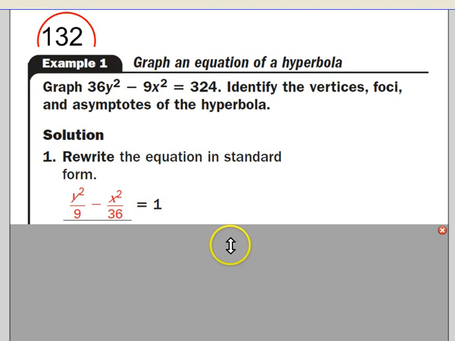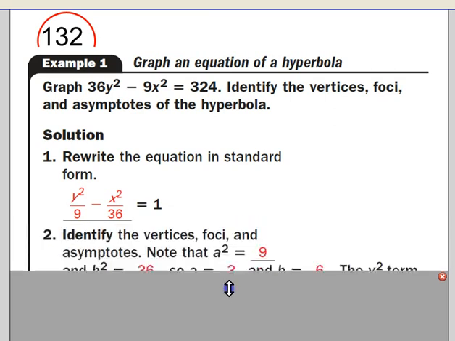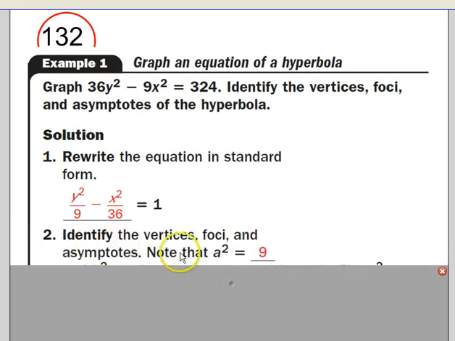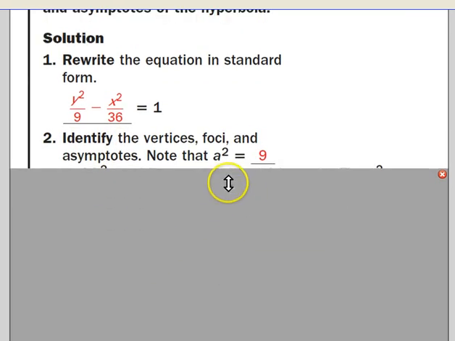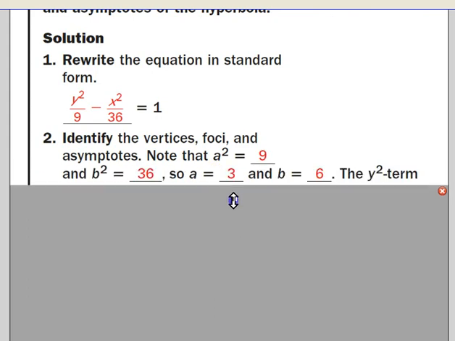Since y squared is first, that means a squared is equal to 9, and since x squared is second, that means b squared is equal to 36. So that means a is equal to 3 and b is equal to 6.